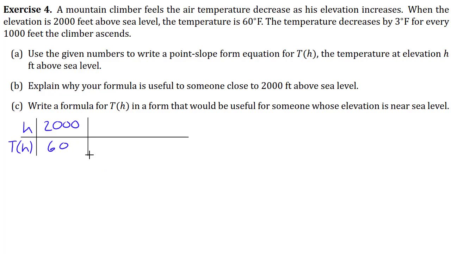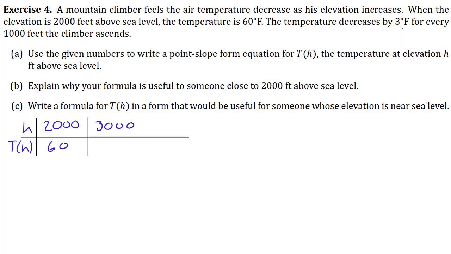If the climber ascends 1,000 feet, that's going to take him or her to an elevation of 3,000 feet. What is the temperature there going to be? After this 1,000 foot ascent, the temperature decreases by 3 degrees Fahrenheit.